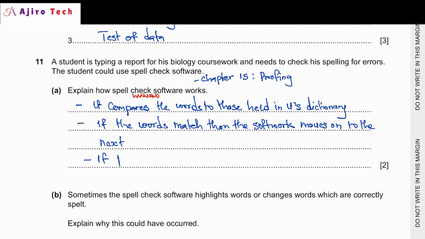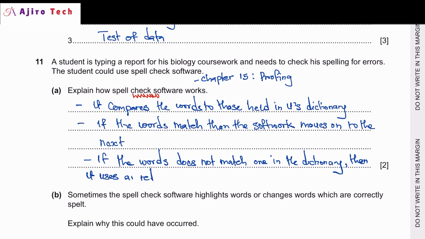If the word does not match one in the dictionary, then it uses a red wavy underline to highlight the word.